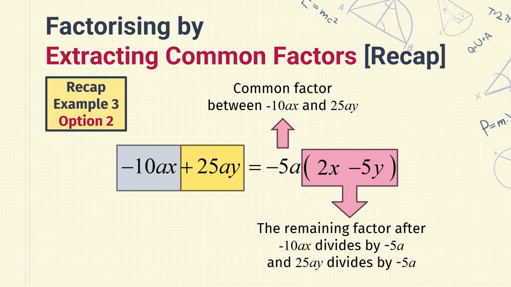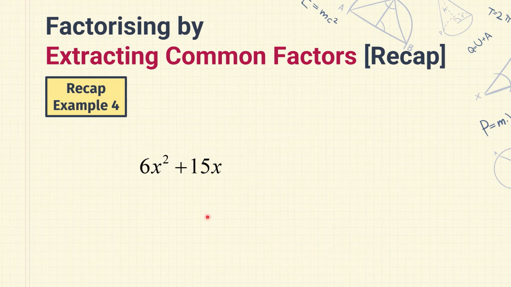Let's do one last example to recap our extraction of common factors method. So taking a look at 6x squared plus 15x, we have 6x squared and we also have 15x. Between these two terms, we recognize that there is a common factor of 3 between 6 and 15. And between x squared and x, there is a common factor of a single x.